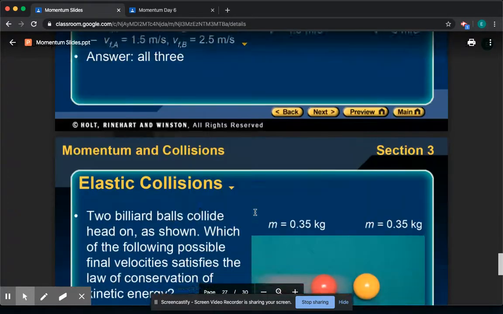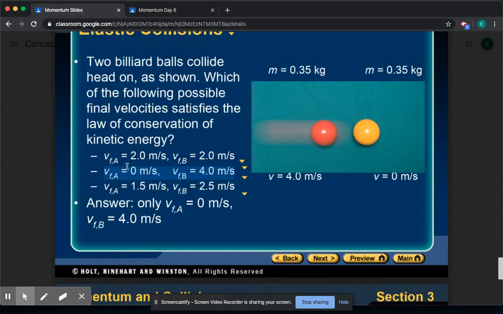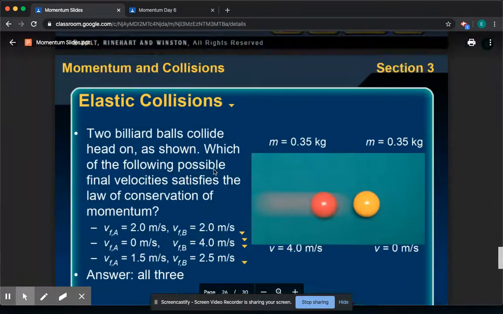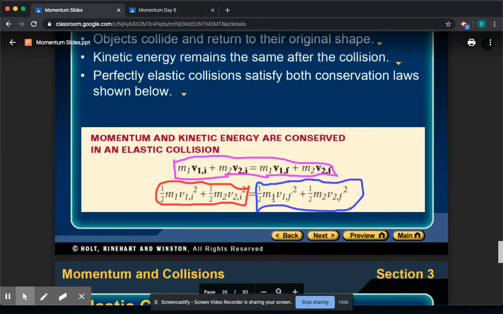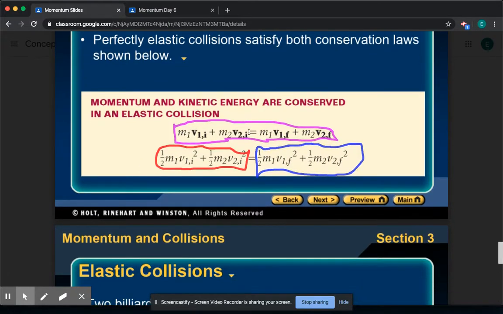You should be using these numbers. The reason is that these are the only numbers that satisfy the bottom equation. So when you're solving for elastic collisions, whatever numbers you get, they need to work for both of these equations.